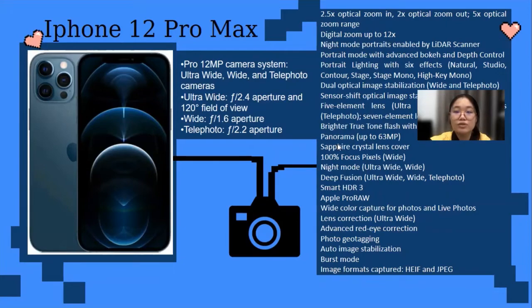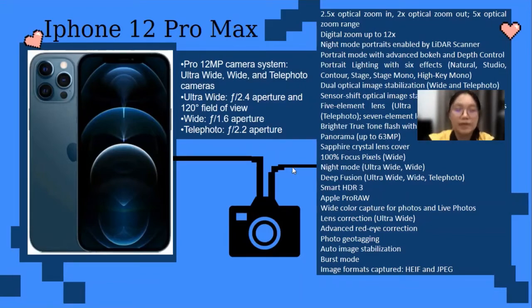It also has panorama, and the sapphire crystal lens cover. Night mode, deep fusion, smart HDR 3, Apple ProRAW, wide color capture for photos and live photos. Lens correction, advanced red-eye correction, photo geotagging, auto image stabilization, and the image format capture is HEIF and also JPEG.